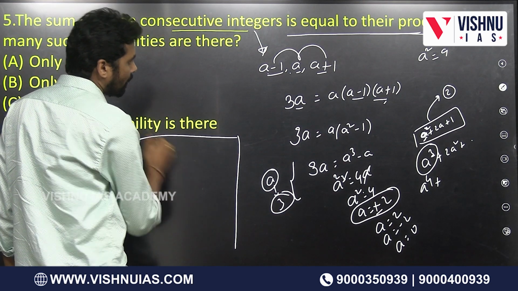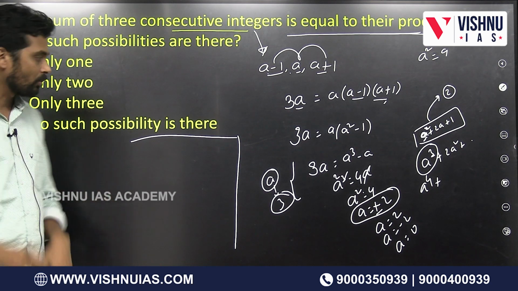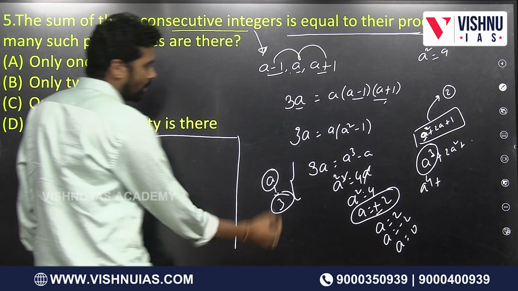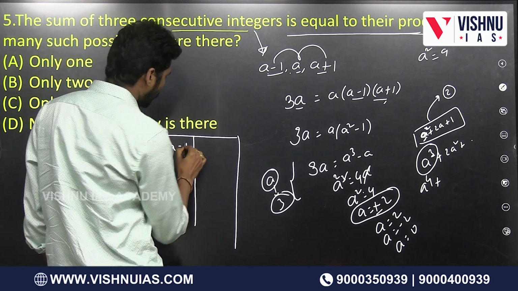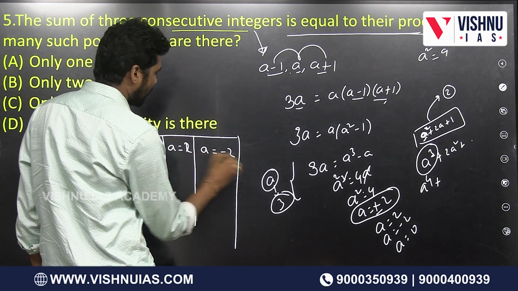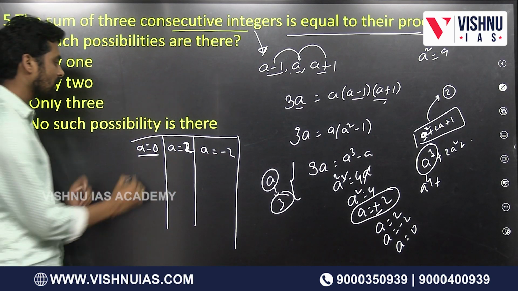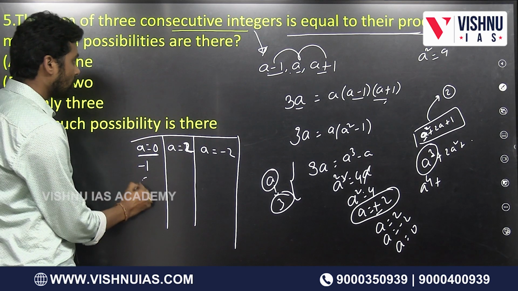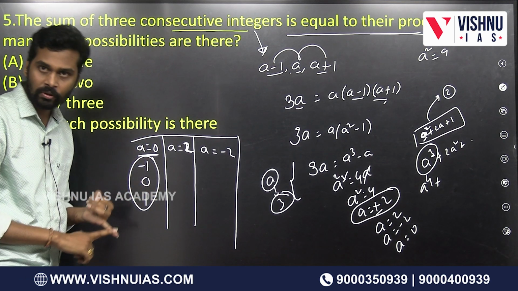Now you can take what are the possible. Suppose in the problem, if he is asking for the different combinations, what are the different possibilities? The a values we got are 0, a is equal to 2, a is equal to minus 2. Suppose I take the condition a is 0: 0 minus 1 is minus 1, and 0 plus 1 is 1. So minus 1, 0, 1 is one possibility.